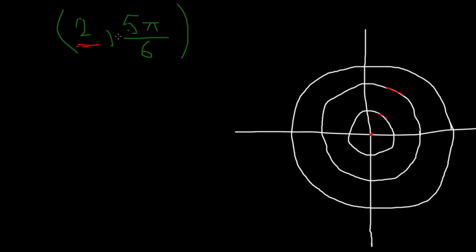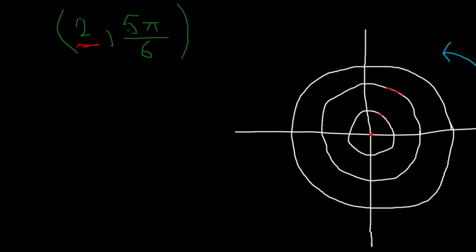We can see that theta is a positive number, so we go counterclockwise from the x-axis. But one thing you should notice is that there is no degree symbol, so this is not in degrees, which means this is in radians instead.